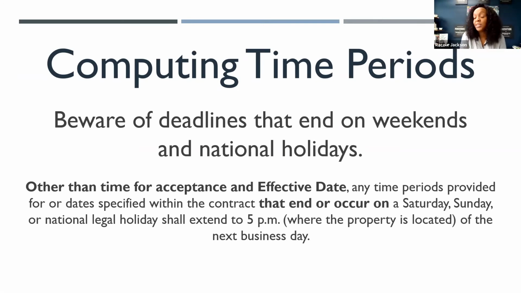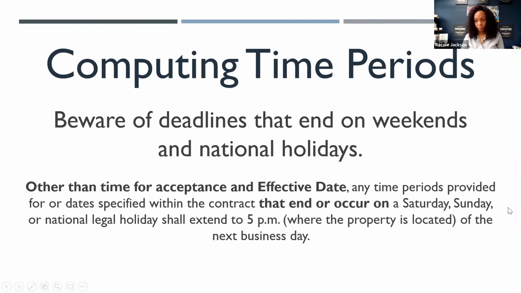This is important to know because that's the other part of it. It's now 5 p.m. If it's just a regular deadline, then it's going to be what? 11:59. But if you're using what I call this rollover provision, you got to remember that your deadline is 4:59, not 11:59.